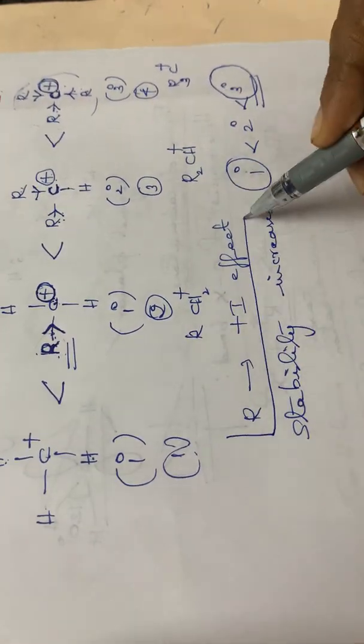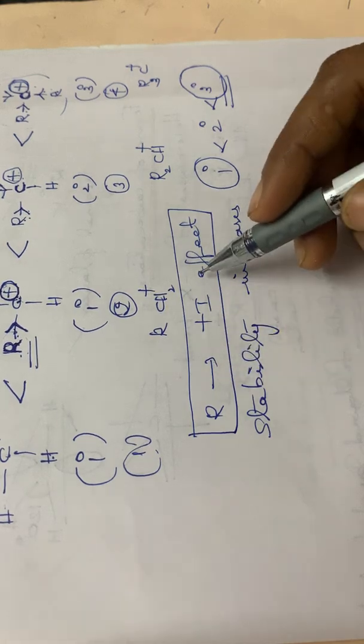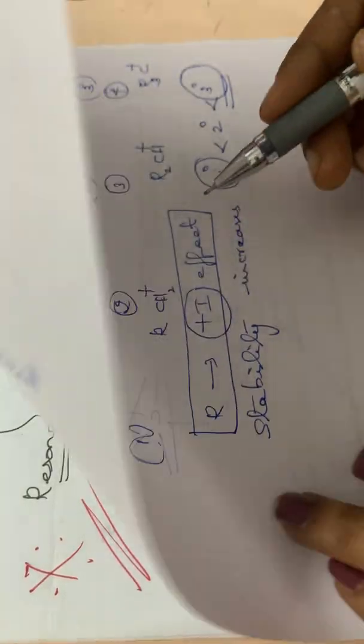Okay, so here you have to note down this point: if an alkyl group is attached, it will have a plus I effect.